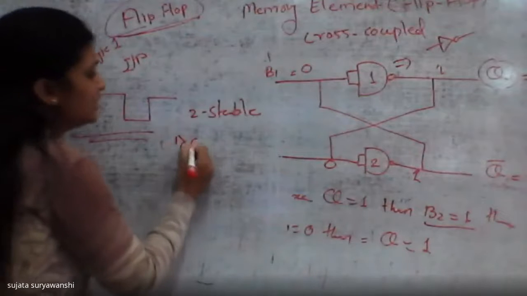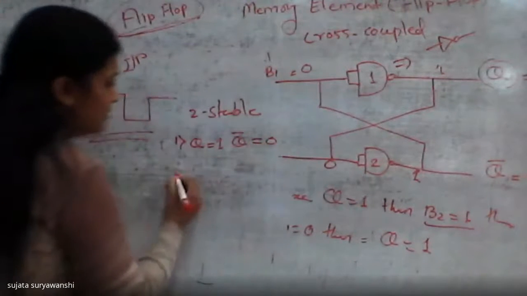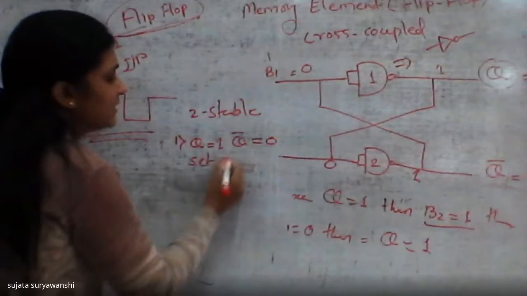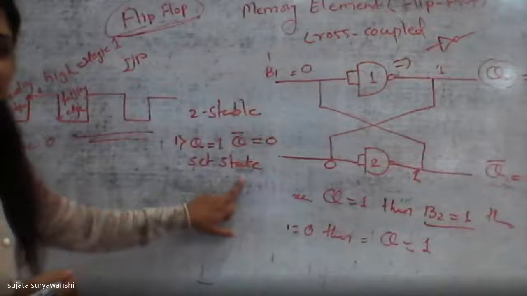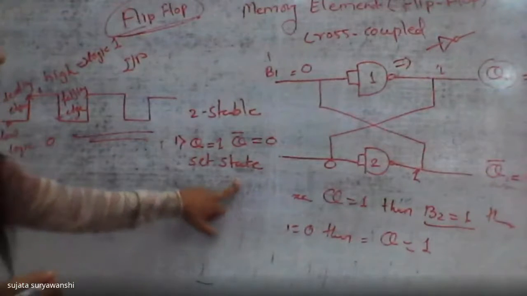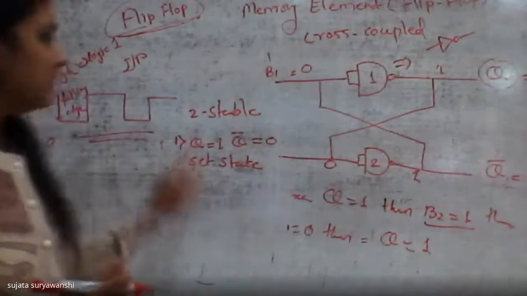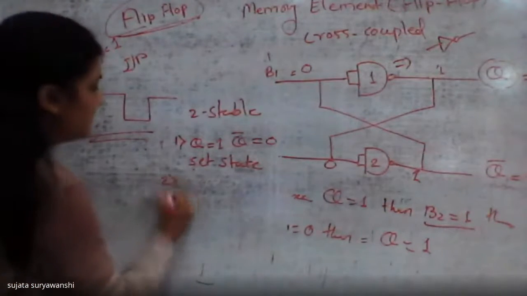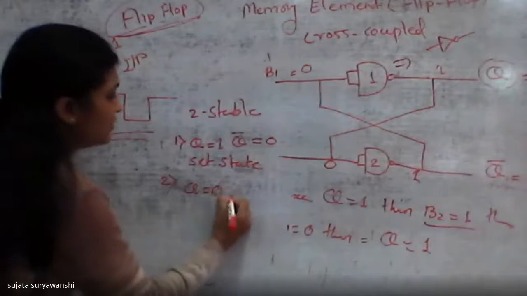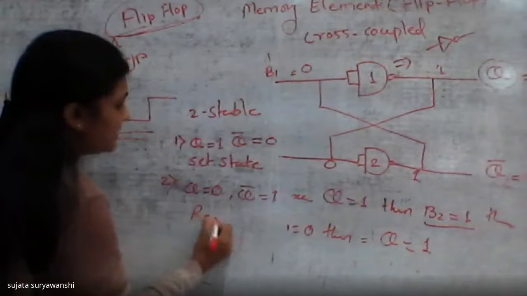The first state is if Q is equal to 1 and Q complement is equal to 0. It is called the set state. Set state means when Q is equal to 1 and Q complement is equal to 0, that particular state is known as the set state. And the second stable state is Q equal to 0, then Q complement becomes 1. It is called the reset state.